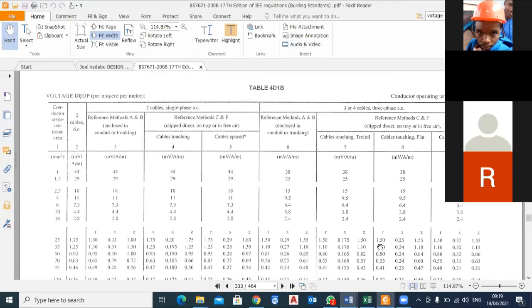Then the distance. What is the distance that cable shall run? So in this case, it was around 20 meters or even 10 meters. But let's work with the 20 meters. Hiyo inakuwa ngapi? 2.8 times 10 raised to negative 3 times 45 times 20.